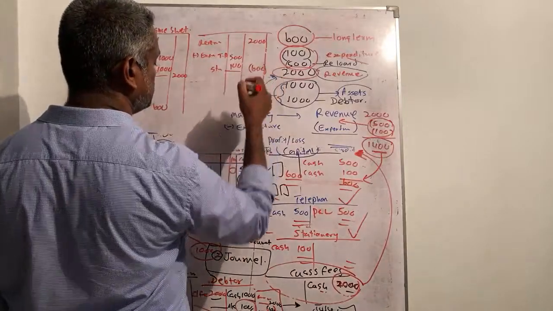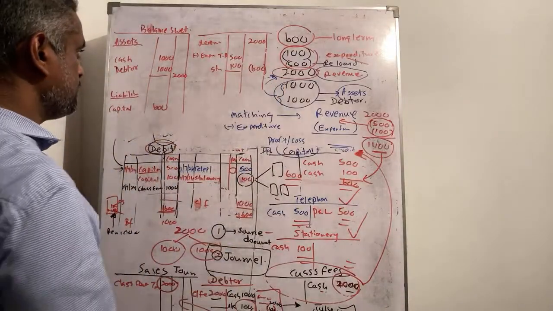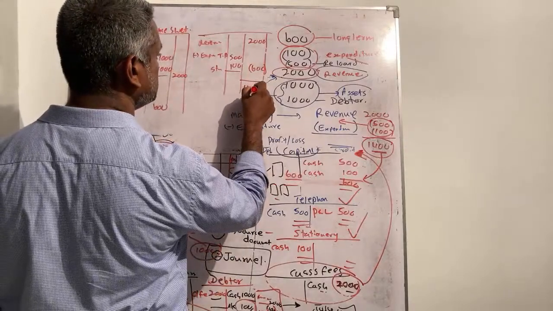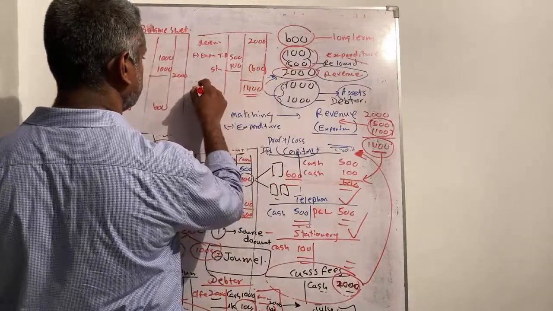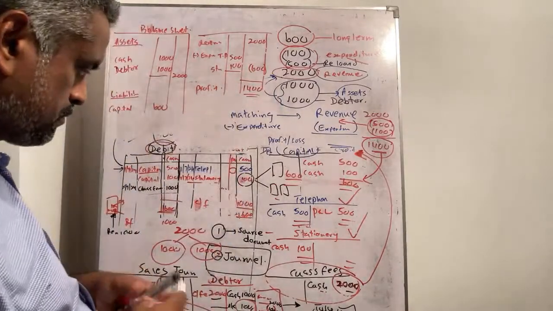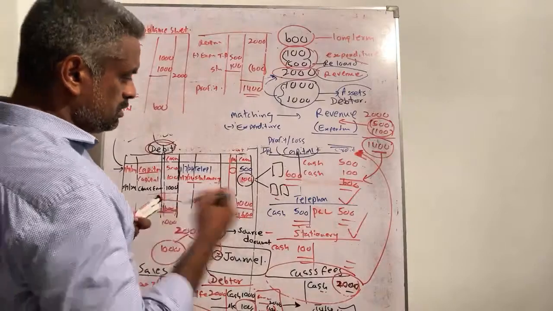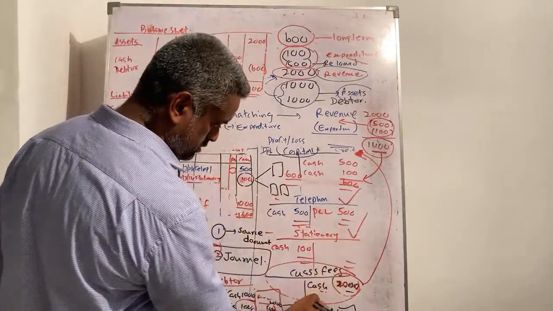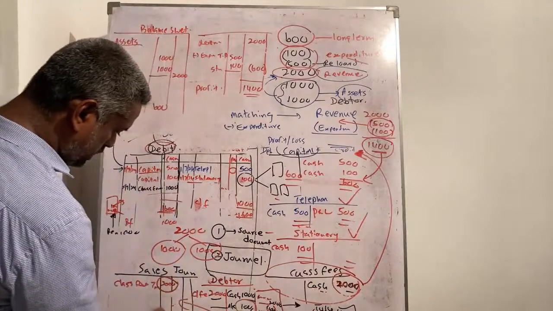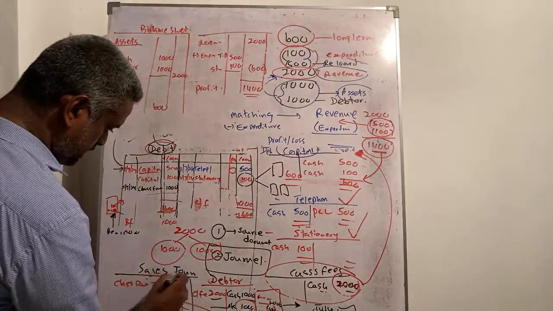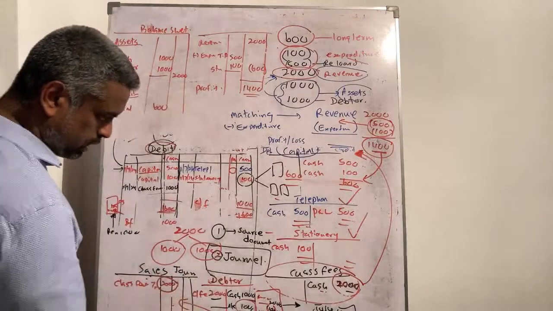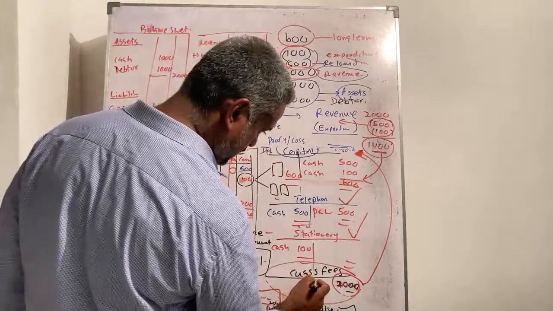Then what will be the profit? 1400. The profit. Here what has happened is, this sales journal total 2000 you recorded as class fees, right?